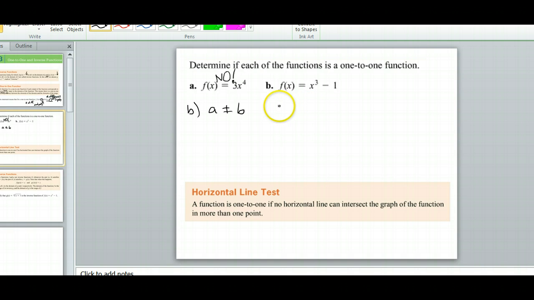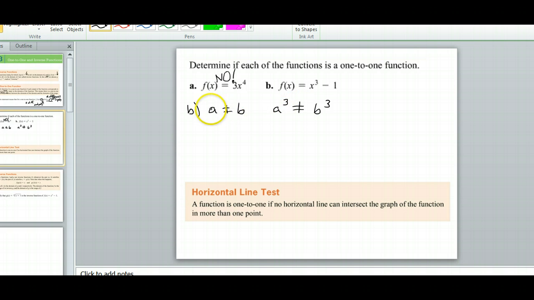Well, in this case, if A is not equal to B, then A cubed would not be equal to B cubed. Correct? If these two things were not equal to begin with, cubing them is not going to somehow make them equal after that.